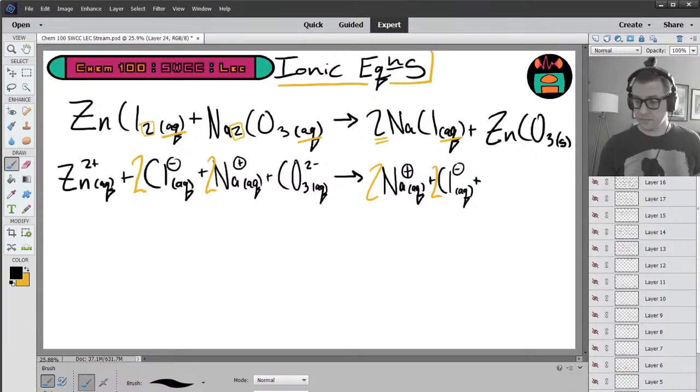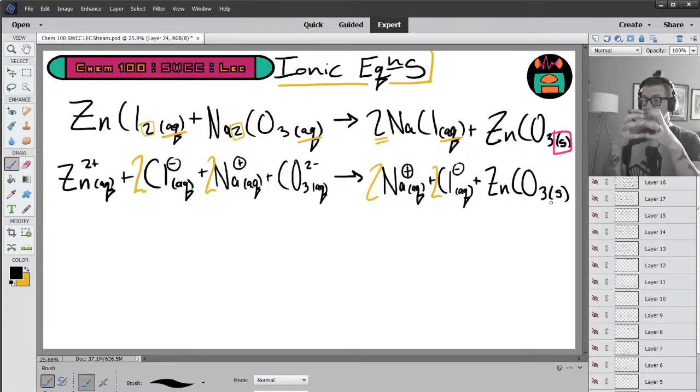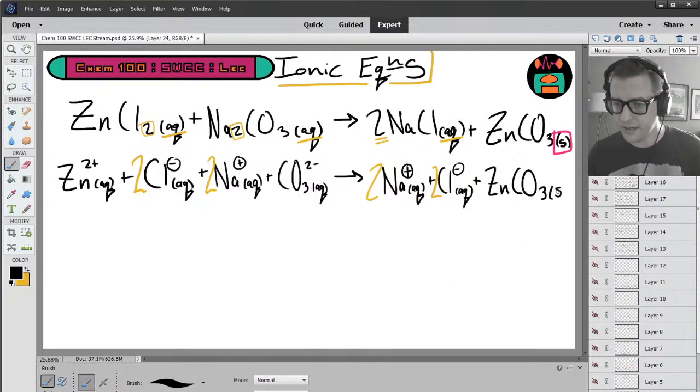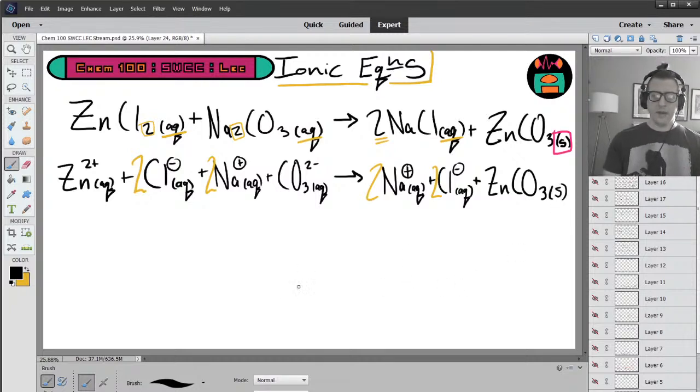Finally, you'll notice that zinc carbonate is in the solid phase. We are not, therefore, going to separate them because they remain associated. They're not water soluble, so they're together. They're one solid compound. Okay, so this is the total ionic equation.